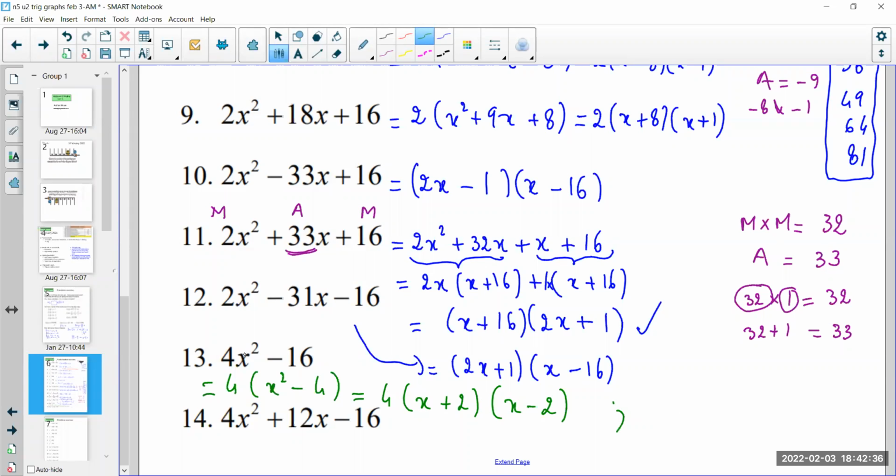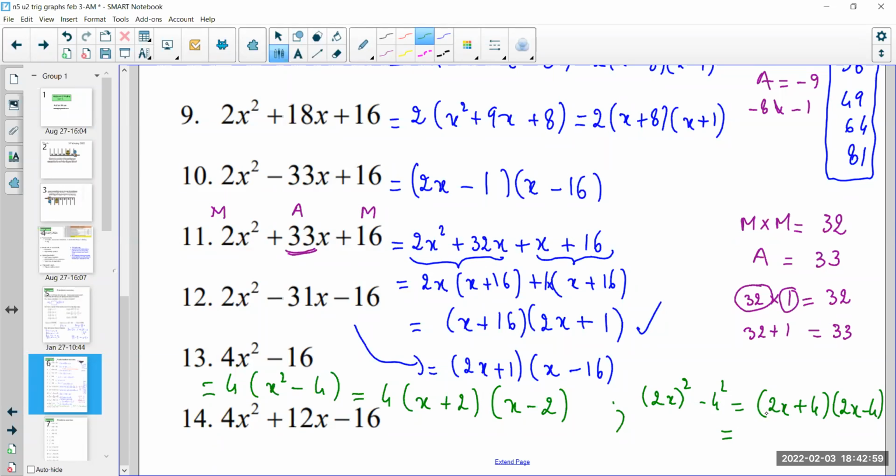Now, if you had said, oh, I can see a difference of two squares because I've got 2x squared minus 4 squared, it's okay to write 2x plus 4 times 2x minus 4. But remember, the question is you need to factorize and give your answer in its simplest form.